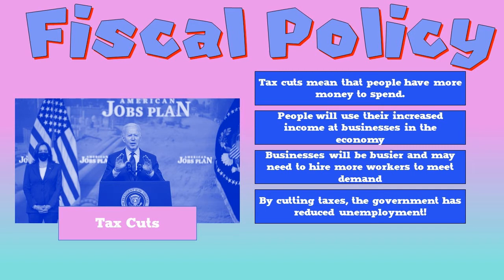And when businesses get busier, they're selling more goods, they're producing more services for people, they're probably going to need to hire more workers in order to meet the demand. So in this case, if the government has cut taxes, they've probably caused businesses to hire more workers. So by cutting taxes, the government can reduce unemployment.